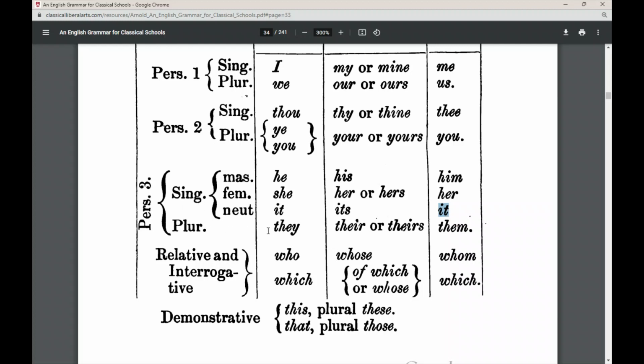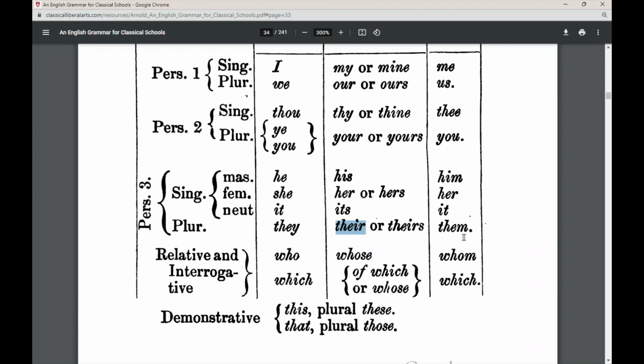Then in the plural, we have no distinction between the different genders. We simply have the plural third person pronoun, they. In the genitive case, we see their. Notice the spelling of their with an EI is used to show possession as the genitive case form of the pronoun.